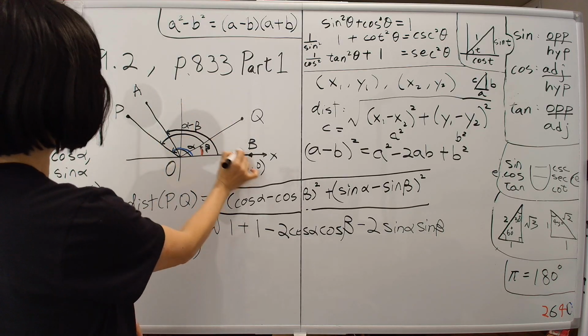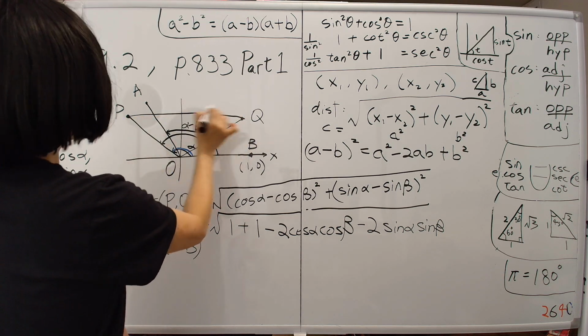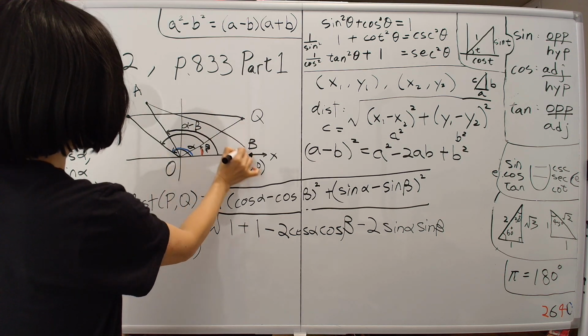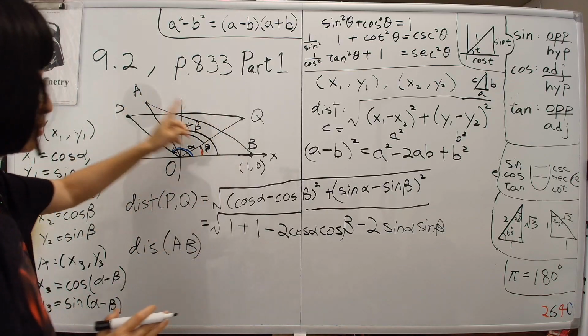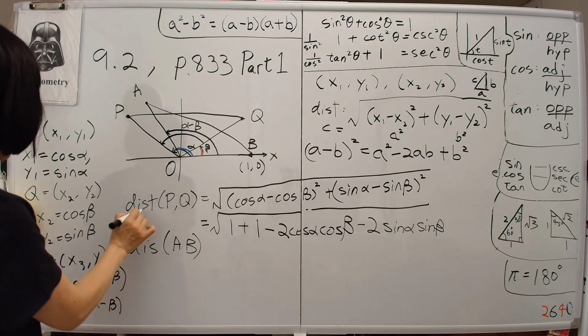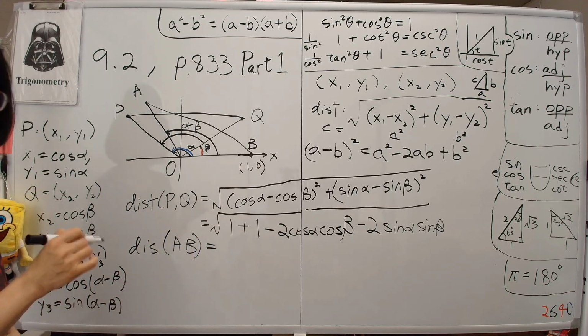It's like here's a triangle, and here's another triangle, and we just took this triangle and turned it. So PQ is the same distance as AB. These two are the same, and that is how we're going to prove this thing.